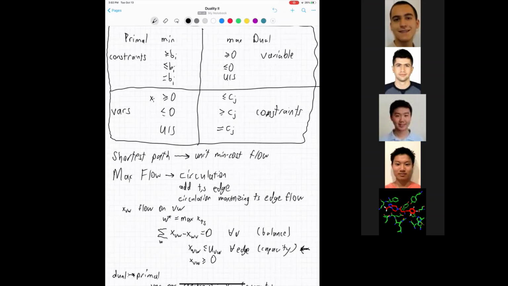Are they non-negative, non-positive, or unrestricted? Non-negative. How come? Because it's less than or equal to in the dual program for the capacity constraints, so in the primal it should also be less than or equal to. Is that the natural direction for the objective, or the unexpected direction for the objective?